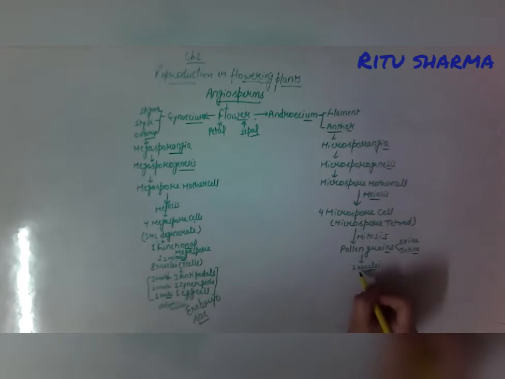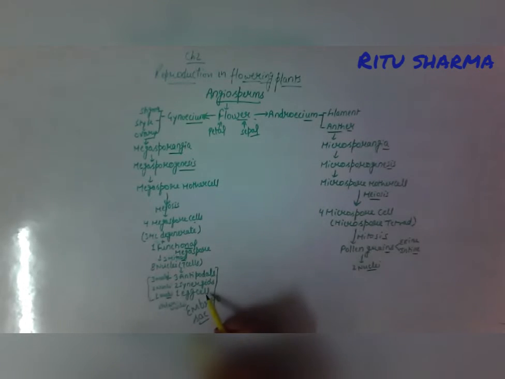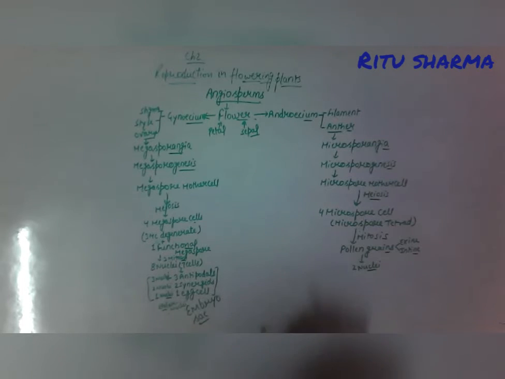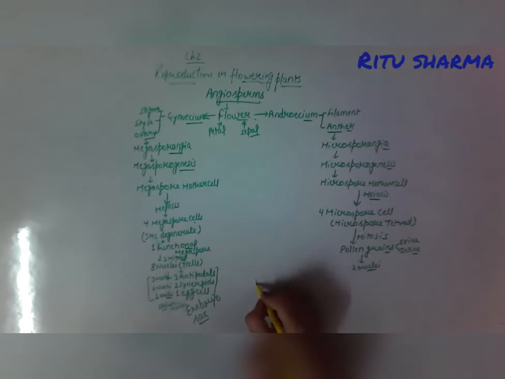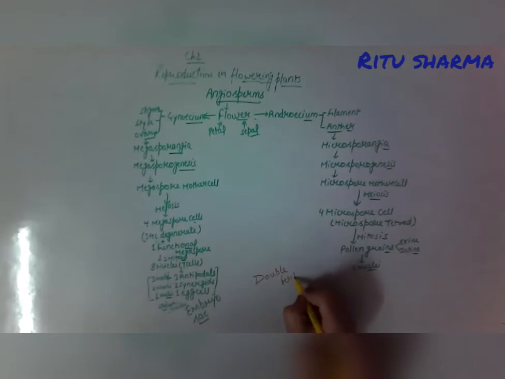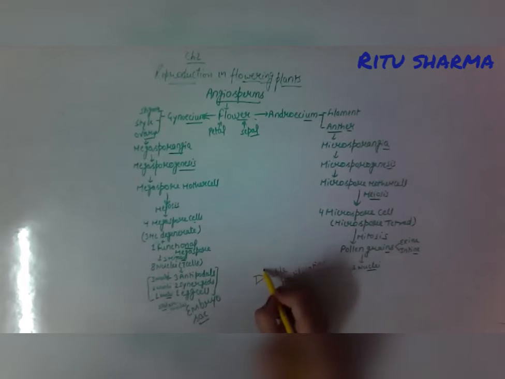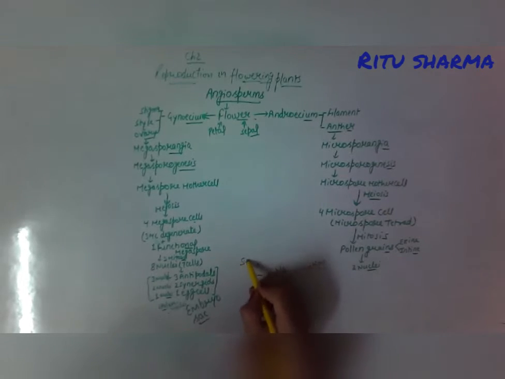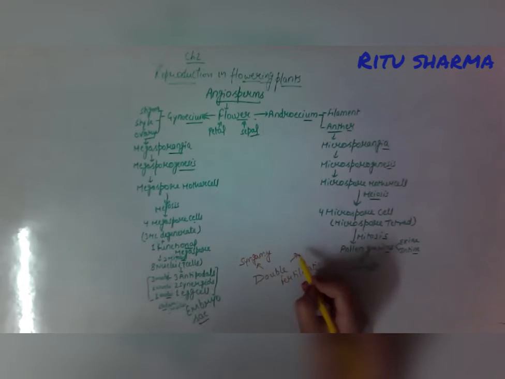These 2 nuclei fuse, one with the egg cell and the other with the 2 polar nuclei. That's why this is known as double fertilization. Let's see what double fertilization is. Double fertilization means first syngamy and second triple fusion.